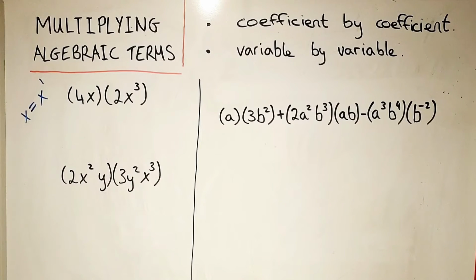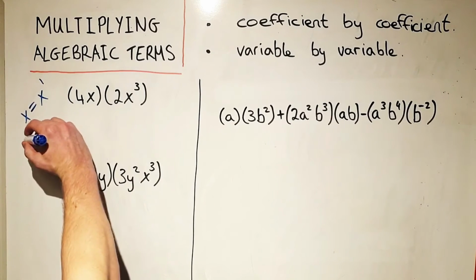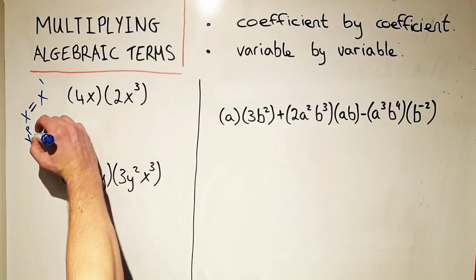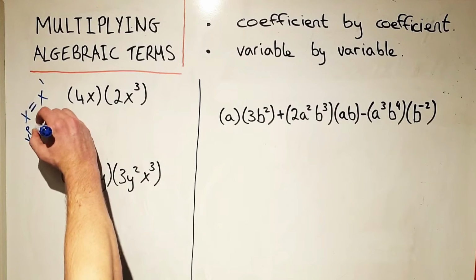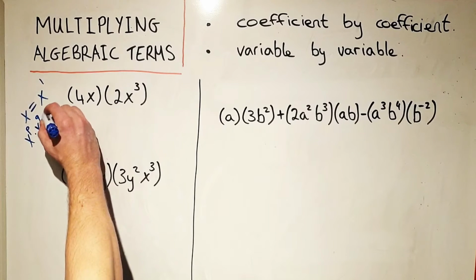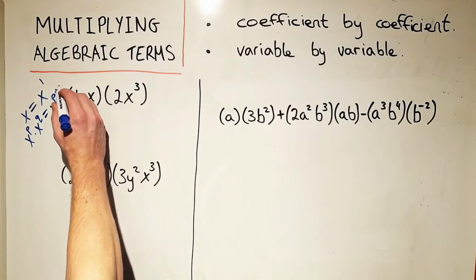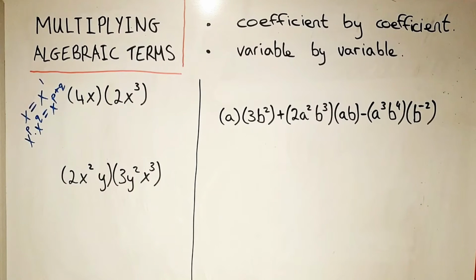A second rule we're going to use when multiplying out these functions is that x to the power of p multiplied by x to the power of q is equal to x to the power of p plus q.